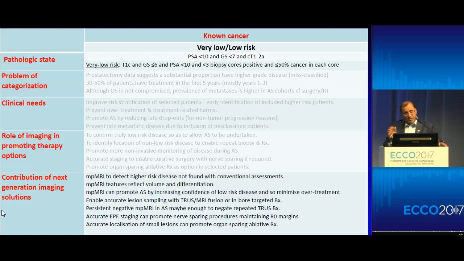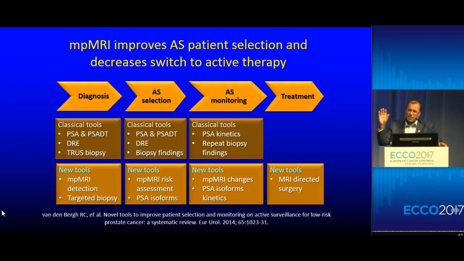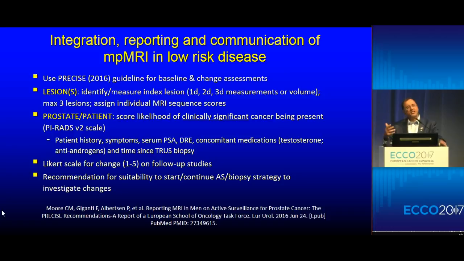Now, if you look at this paper that was published a few years ago, it definitely defines that as patients go from left to right, MRI is one of the new tools that helps in the risk assessment, helps for the selection of active surveillance, but also in the monitoring process. And finally, MRI helps you look at those patients who need definitive therapy. And this was recognized by the PRECISE group.